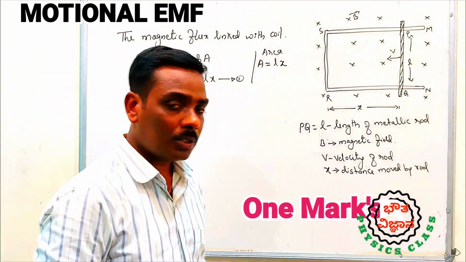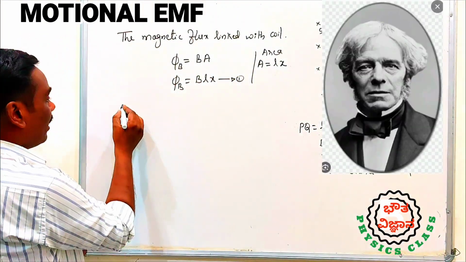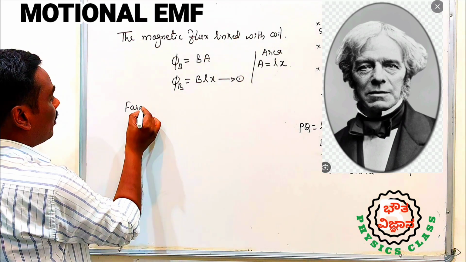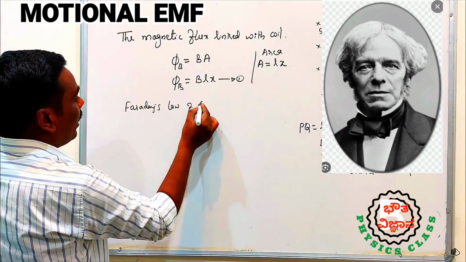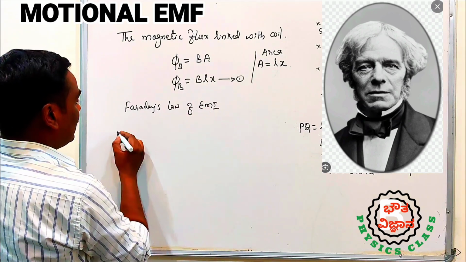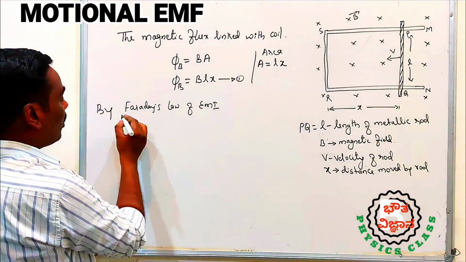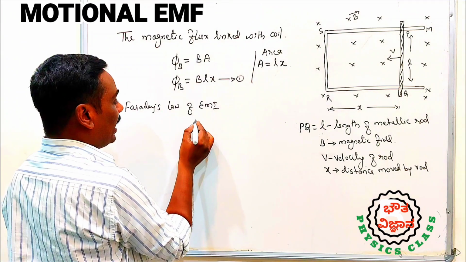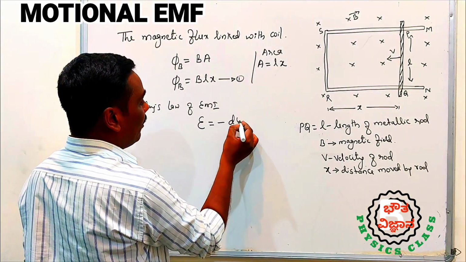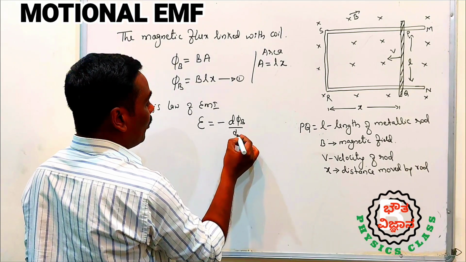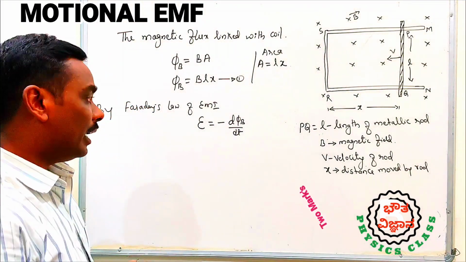Now we can use the very simple Faraday's law of electromagnetic induction. By Faraday's law, the induced EMF is equal to minus d phi by dt, where the negative sign is according to Lenz's law.